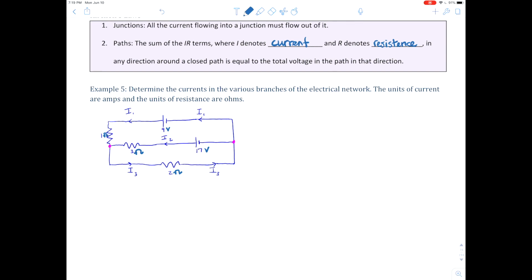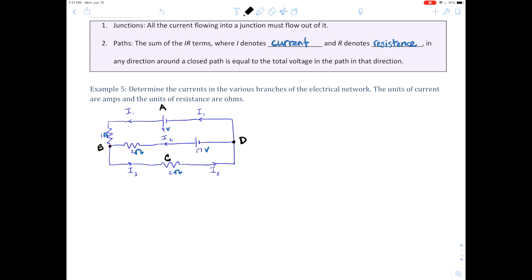Okay, let's also get some labels for these paths. If I name this one here A, then right here this will be B, C is going to be right here, and D is this part here.